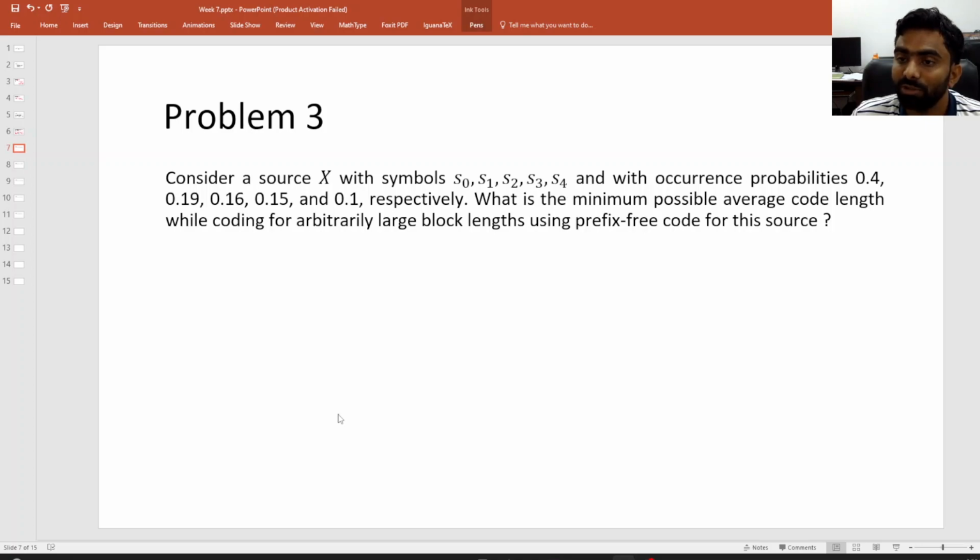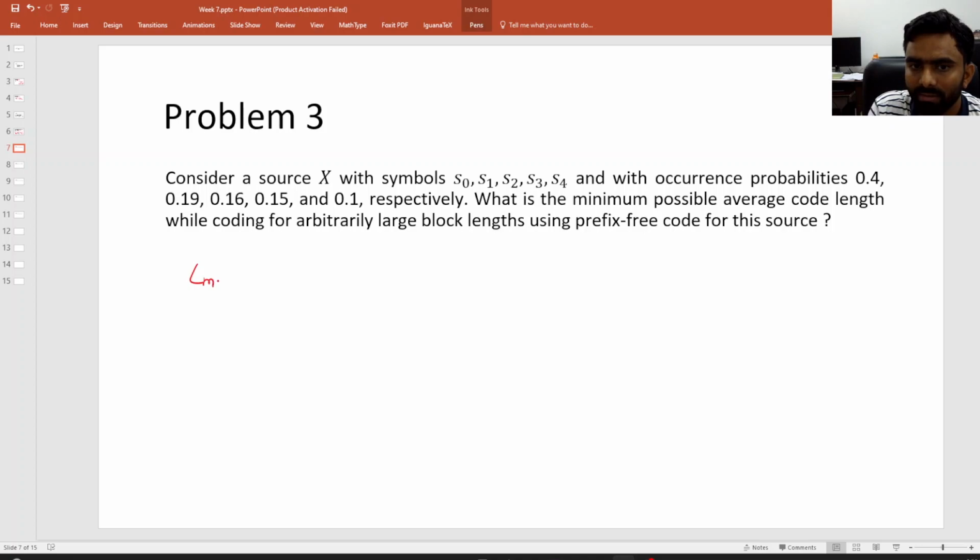So the question is clear. We can take any block length. What is the minimum average code length we can obtain?